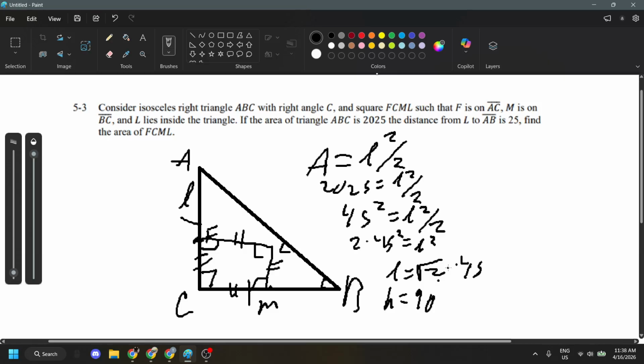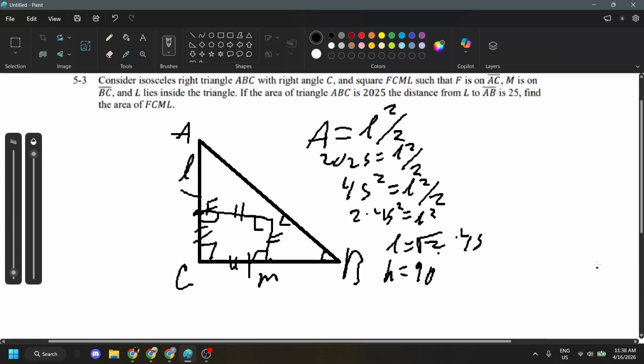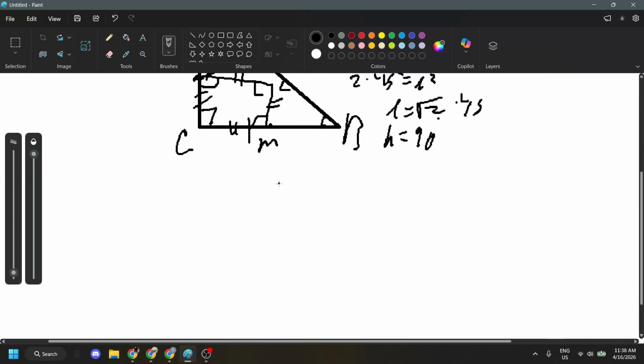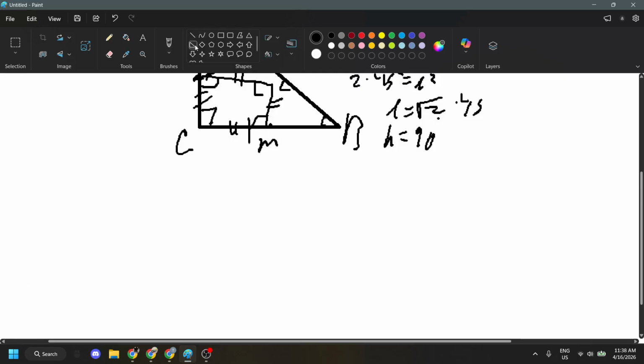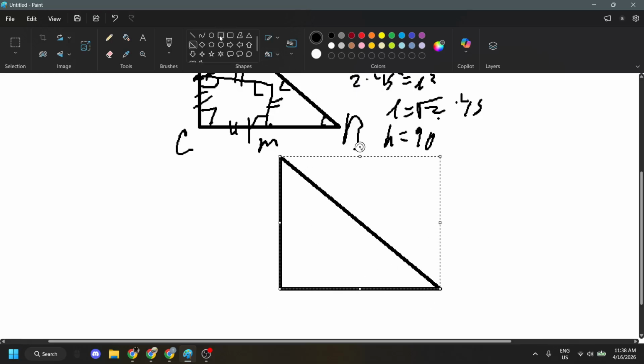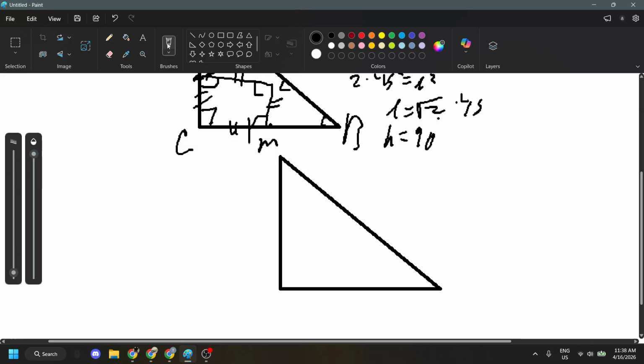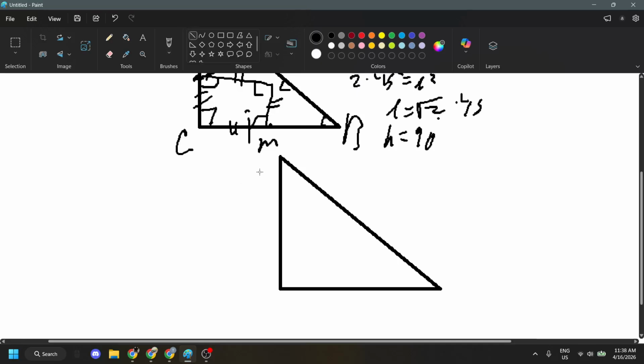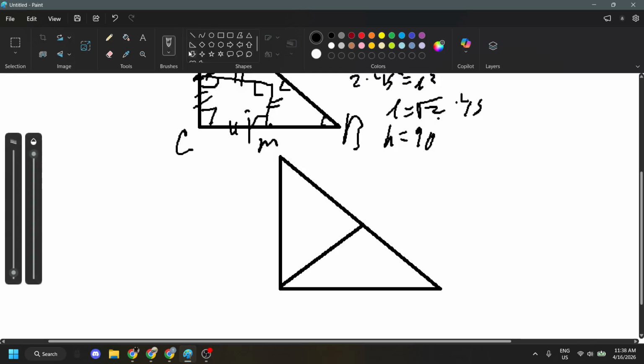Find the area of FCML, so we just need to find the length of one of them. So if we know, huh, we have this right triangle. We draw a line from here to here bisecting this, where this should be a right angle, but it's not a right angle.